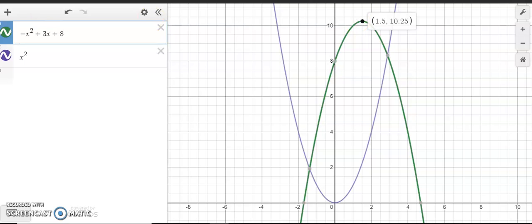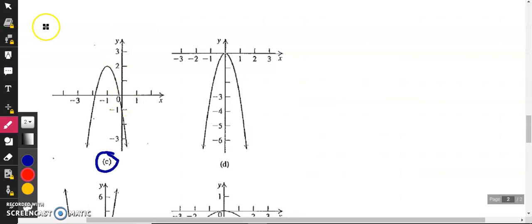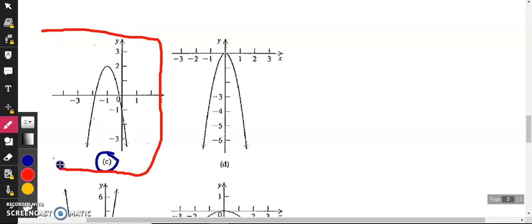And so for our last example here, we're going to take this graph and figure out what equation would make that graph. This is very similar to the first problem we worked. Basically what we want to do is write down where the vertex is.